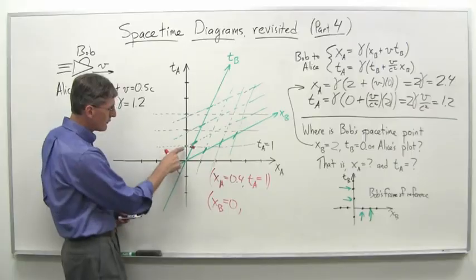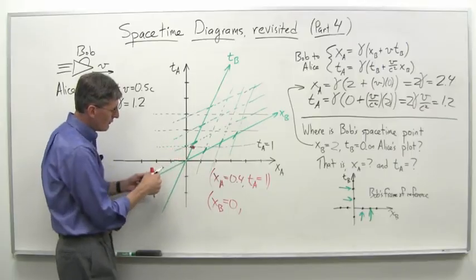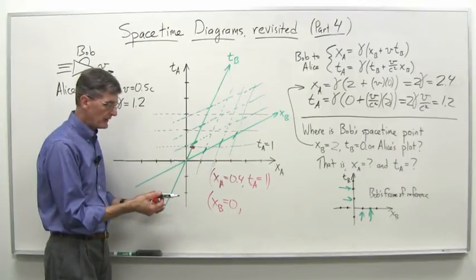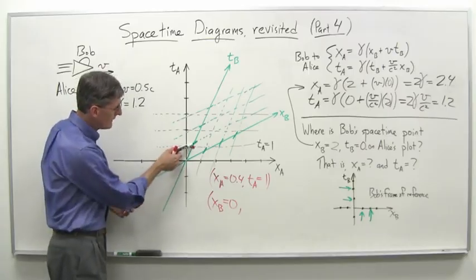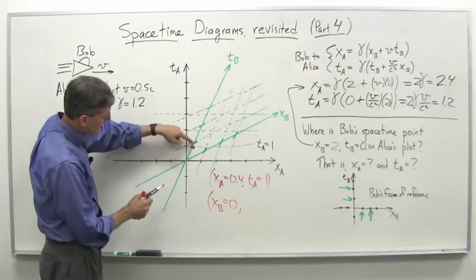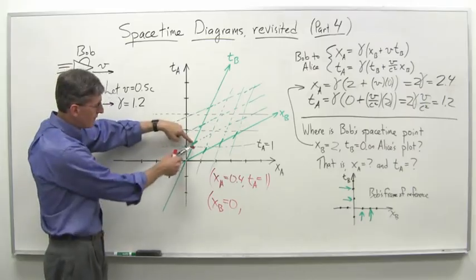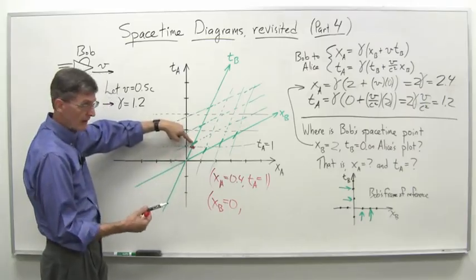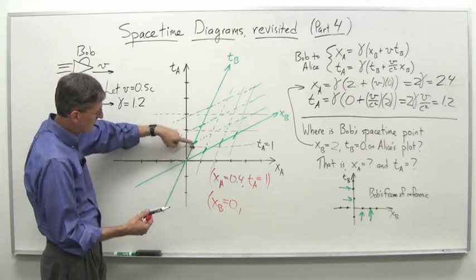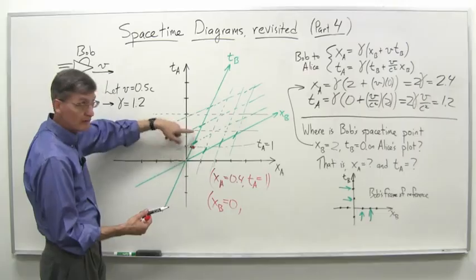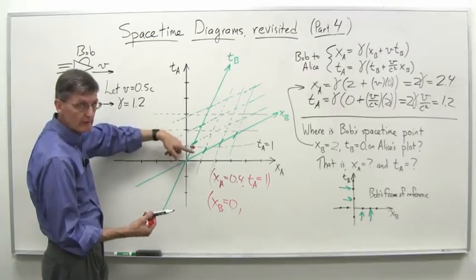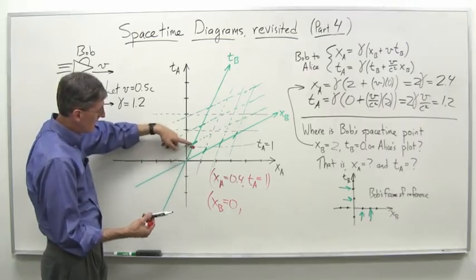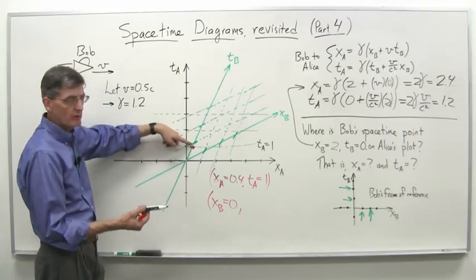The time for him is, well, note where the t sub b equals 1 point is. It's right here. It's right there. And the flash is occurring less than that time. It looks like, from here to here is 1 year for Bob, from there to there, tick mark of 1.